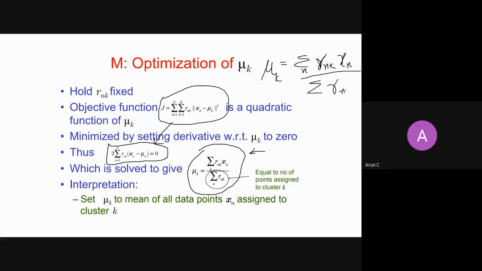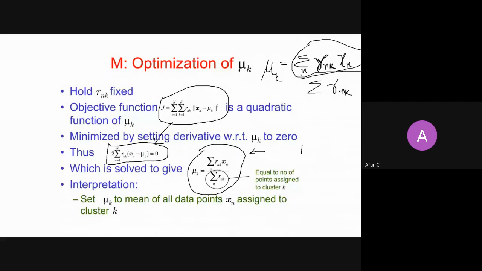Who will interpret this thing? What is this? First, tell me what the denominator does. When you multiply r_nk with x_n, it is nothing but a dot product with the r vector, for the kth component.